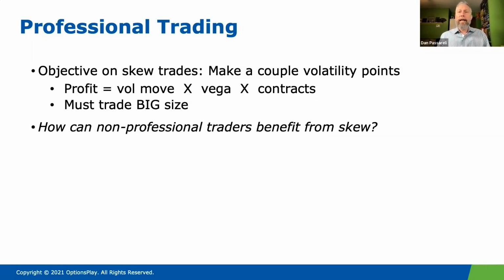A regular trader, like almost everyone here, in a regular margin account, which is called Reg T, you can't even do this, right? So the logical question is then, Dan, why are you telling us about this? Why are you wasting our time? Oh, no, I'm not. Because this is how non-professional traders can benefit from Skew.